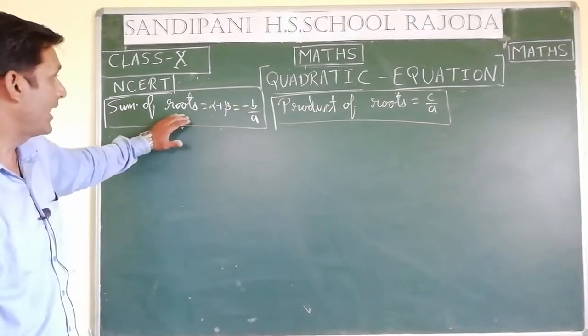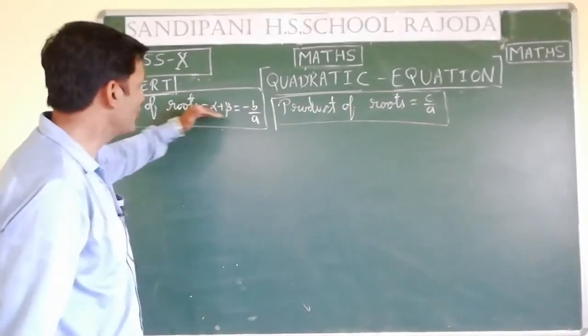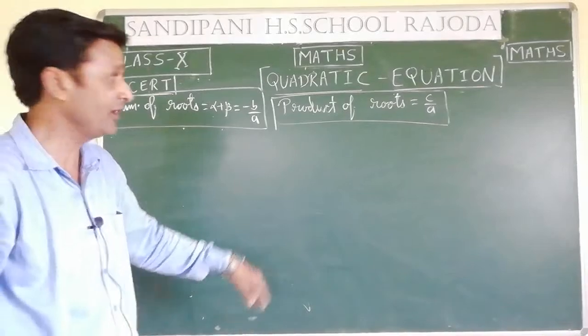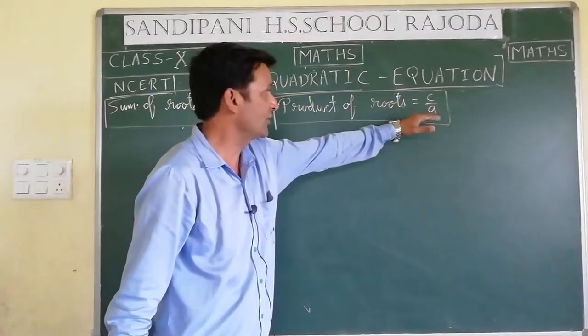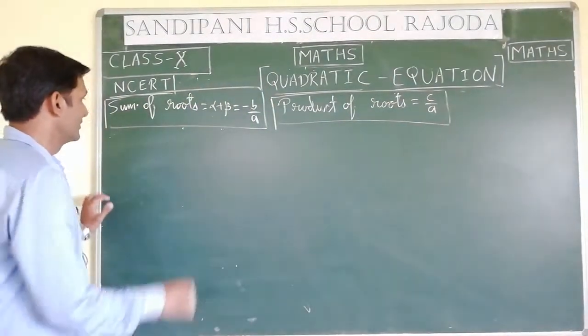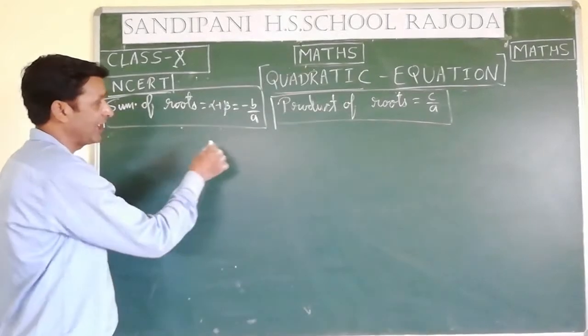Now we know that sum of roots alpha plus beta is equal to minus b upon a, and product of roots is equal to c upon a. Now let me tell you one thing.